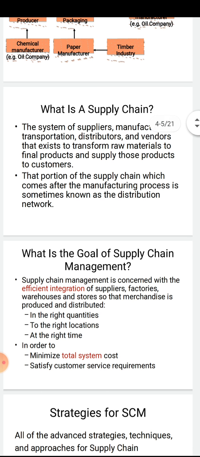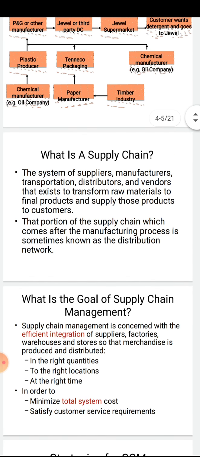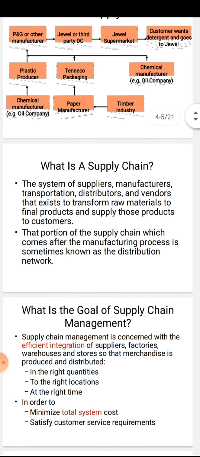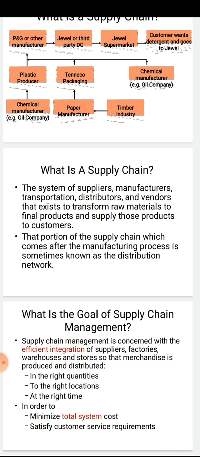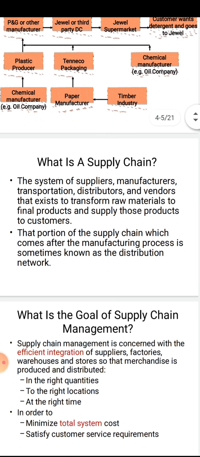So we will define what is meant by supply chain management. What is supply chain management? Supply chain management is a process. Management is a process, right? Supply chain management is a process of what?